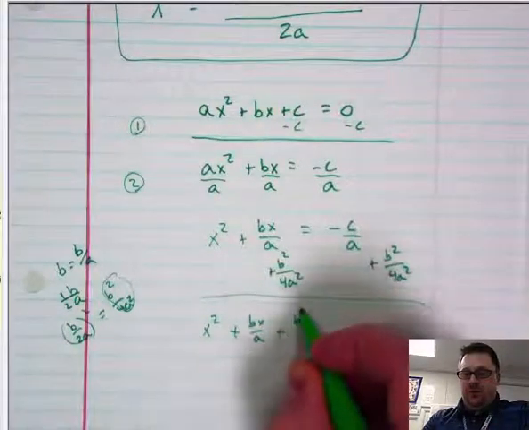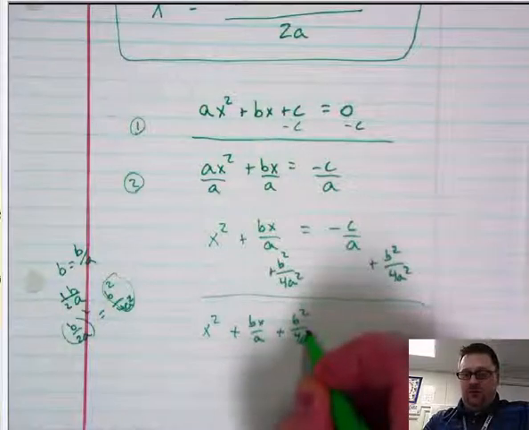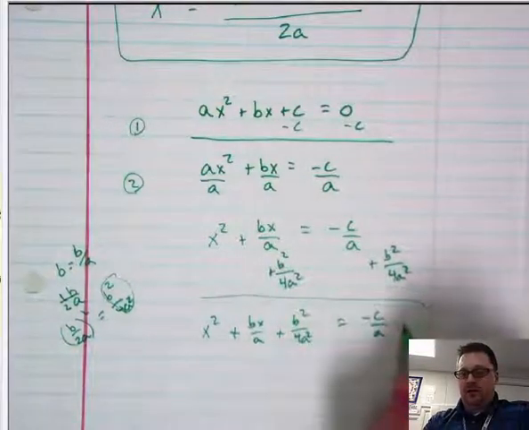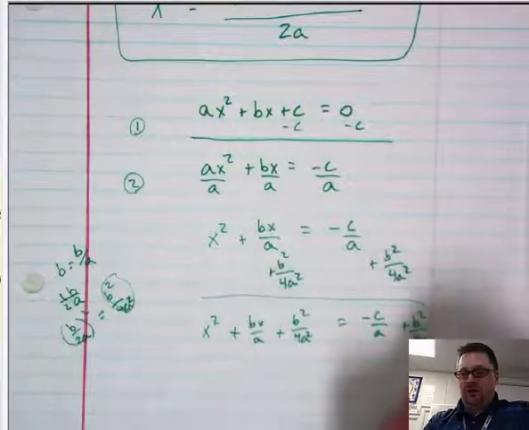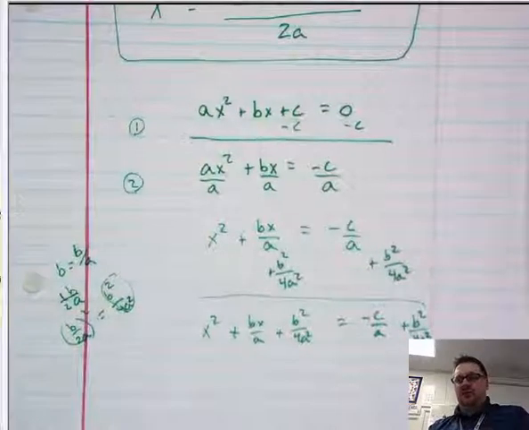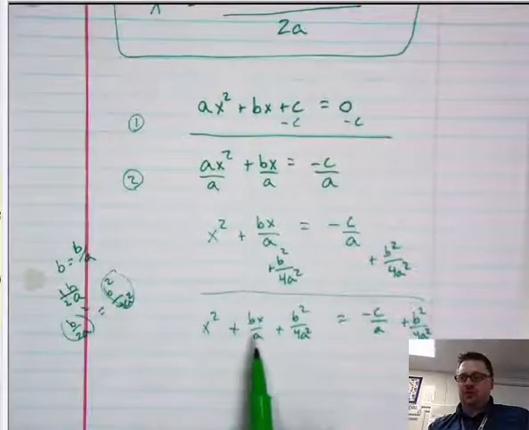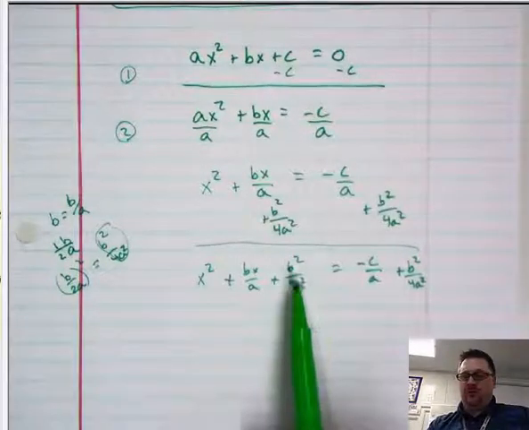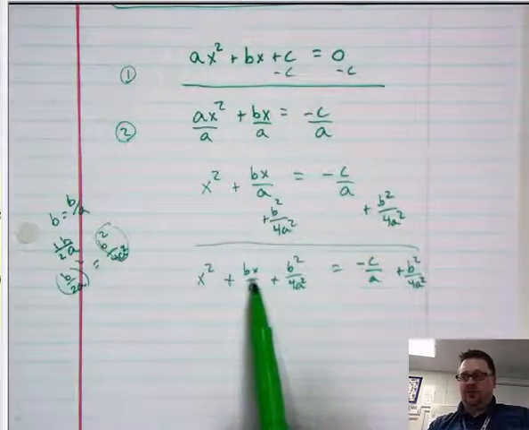This will be b squared over 4a squared, and that's going to equal negative c over a plus b squared over 4a squared. If I did this correctly, this should be a perfect square trinomial. What are the things that would multiply to this and add to this?